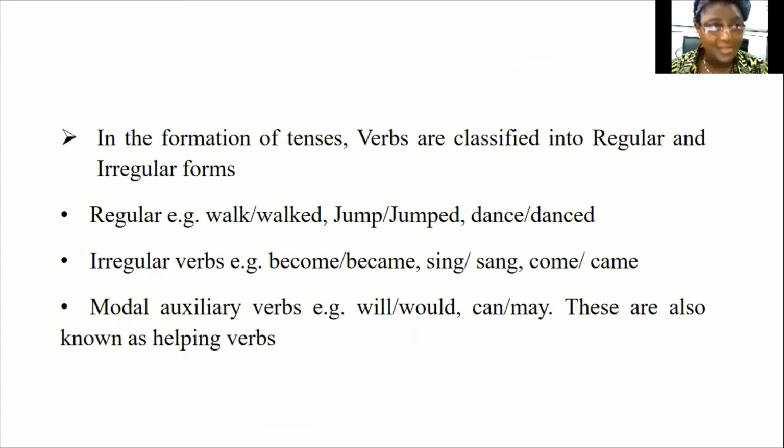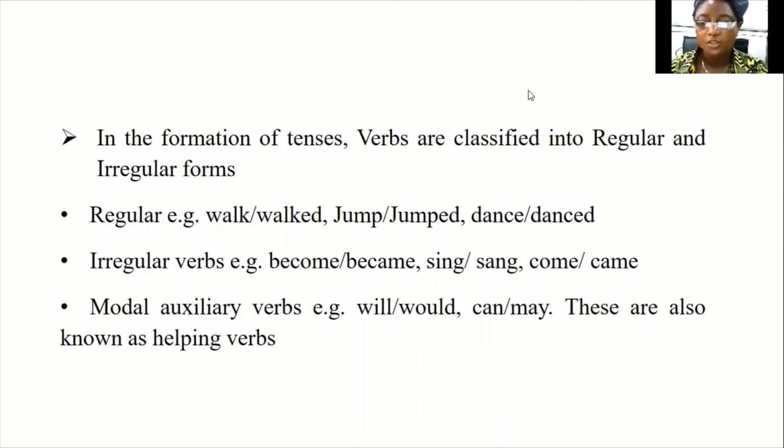In the formation of tenses for verbs, verbs are classified into regular and irregular forms. By regular, we mean that they follow a particular pattern to form the tense. By irregular, the tense to be formed is completely changed from the verb itself. Example of a regular form: the verb walk in the past tense becomes walked.